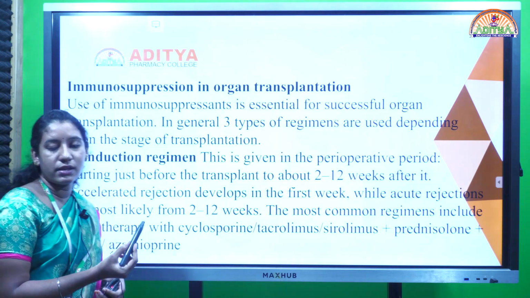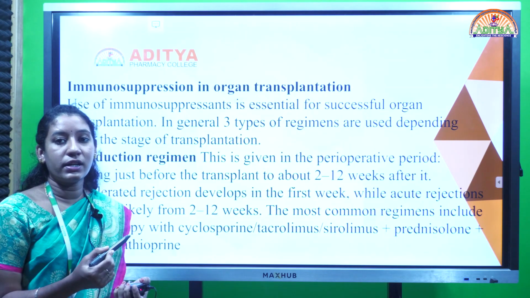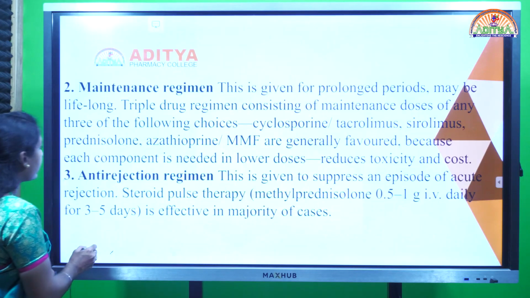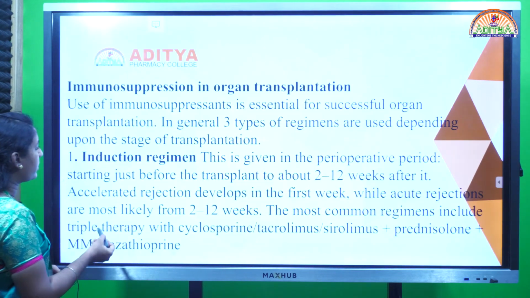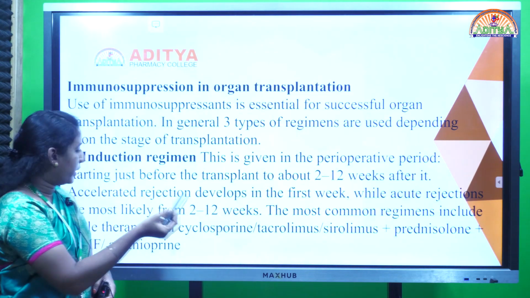All the immunosuppressants can be administered in 3 ways: induction regimen, maintenance regimen, as well as anti-rejection regimen. First, the induction regimen, that is the starting one. This is given in the pre-operative period.